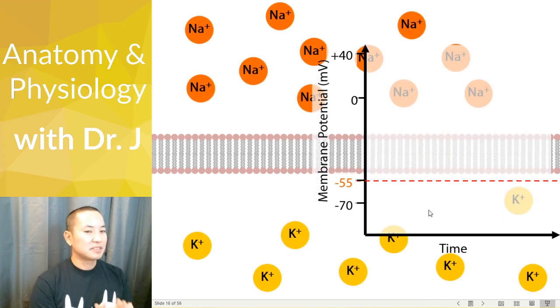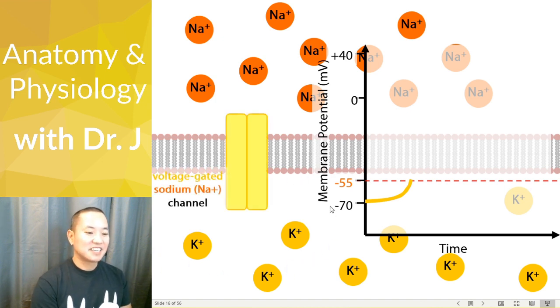Now, what's the first part of an action potential in neurons? Remember, you have to push a neuron to its threshold, but what's the first step? Well, we did see that it's a rapid increase in membrane potential, meaning something caused it to get more and more positive inside the cell, right?